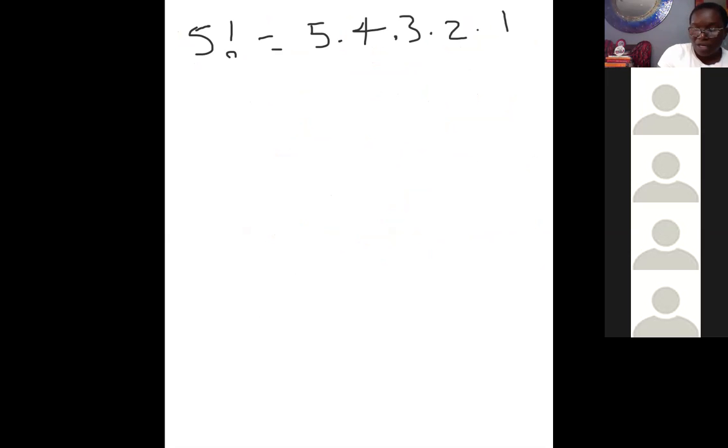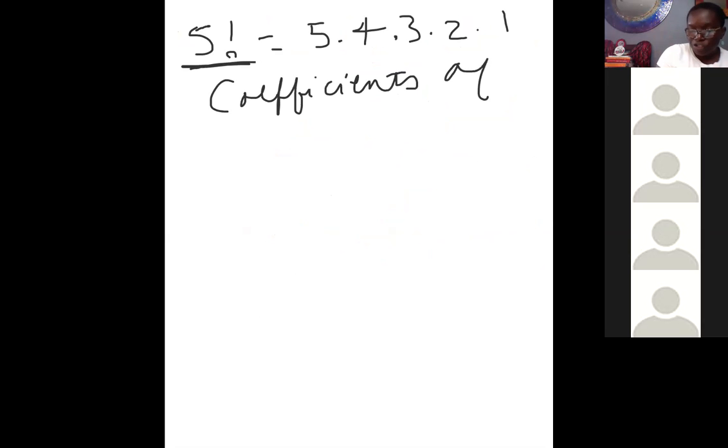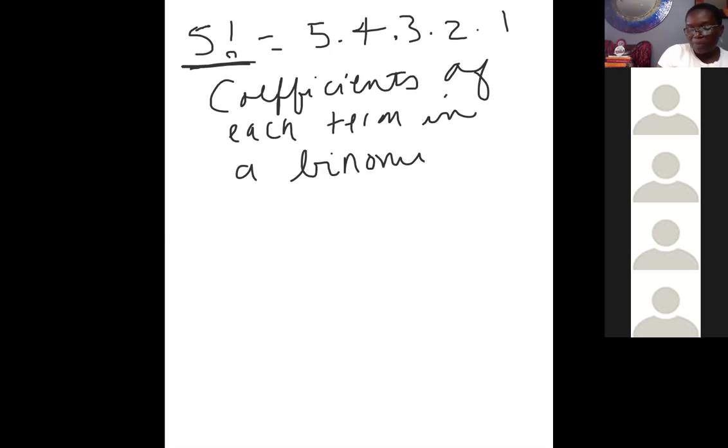But then, of course, you guys have that on your calculator already, so you don't have to worry about it. Now, this next part right here is going to help us to determine the coefficients of each term in a binomial expansion. All right, guys.